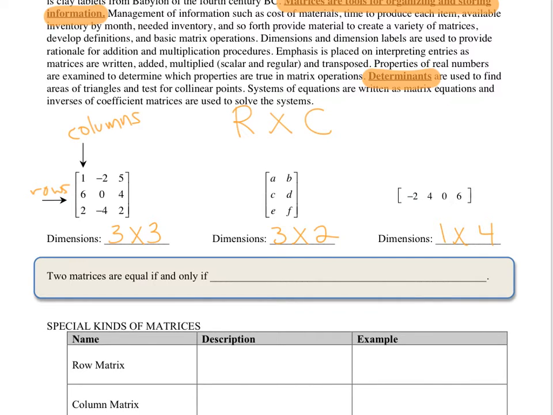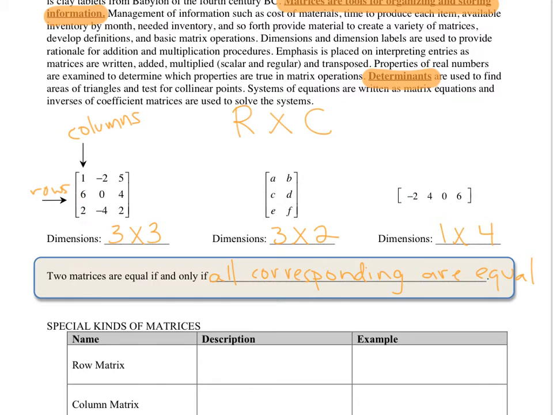Two matrices are equal if and only if all corresponding entries are equal, which we'll talk about a little bit down the page a little bit. Just a few things as we go over this.